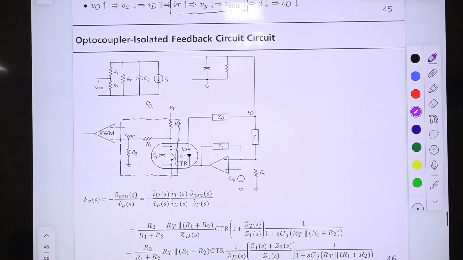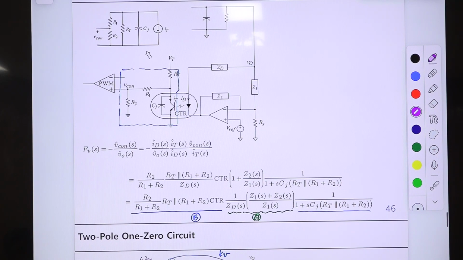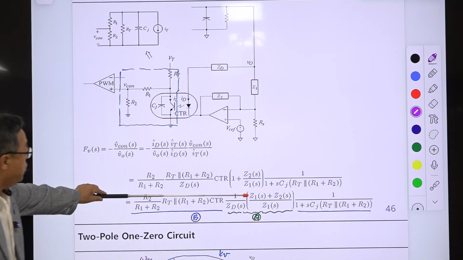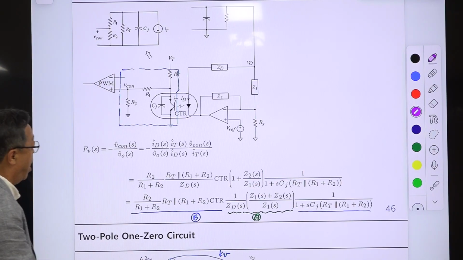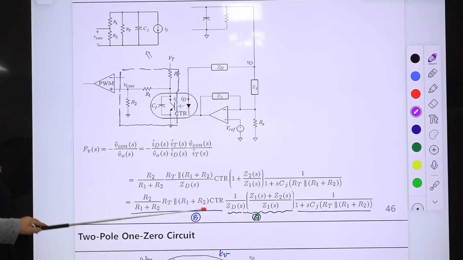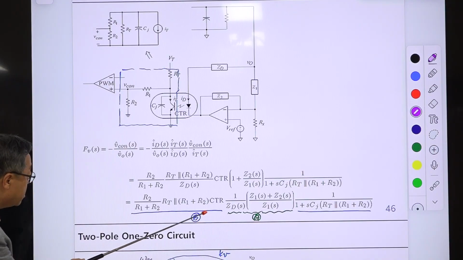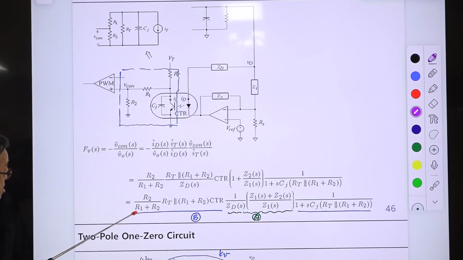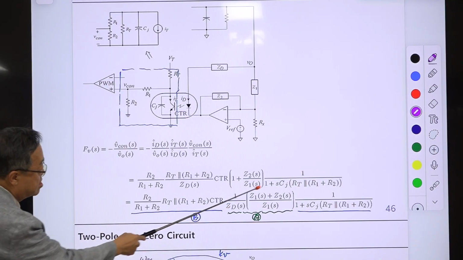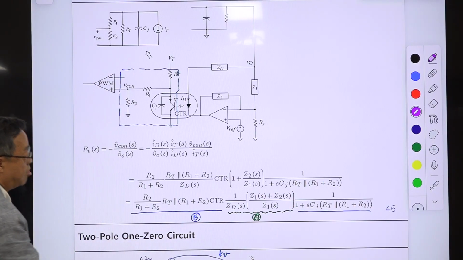then the overall transfer function from the output voltage to this control voltage is just the multiplication of the 3 transfer functions you evaluated in the previous lecture slide. So that is shown here. It looks complicated, but I divided it into 2 parts. This one is easy. This one is already factorized. And this one is a constant, and this will create the pole and 0.